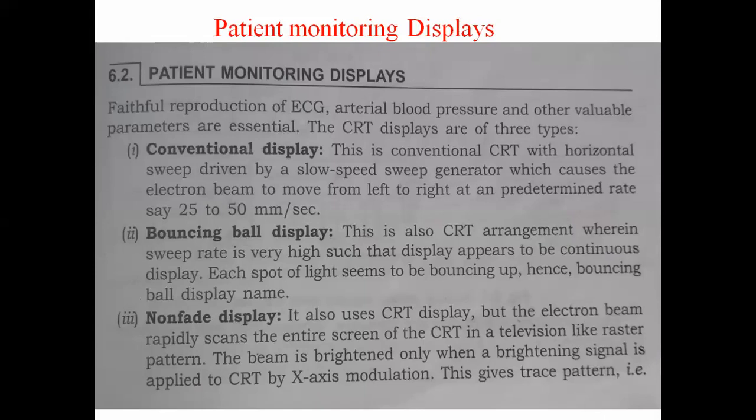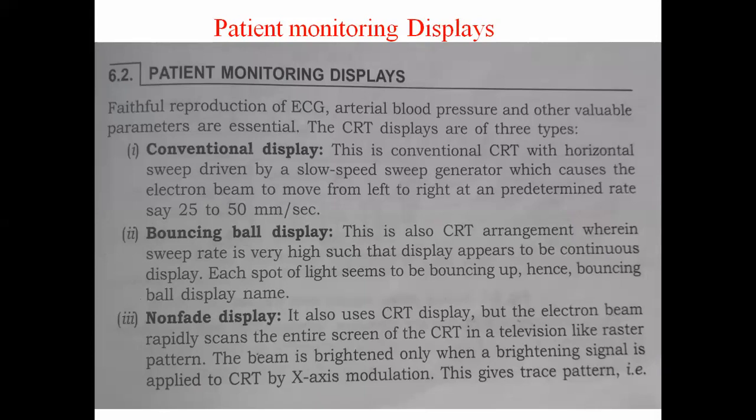Similarly, if we move it up and down, it is observed as a vertical line. If we move it in a circle, we observe a circular shape, with fast movement of the torch.